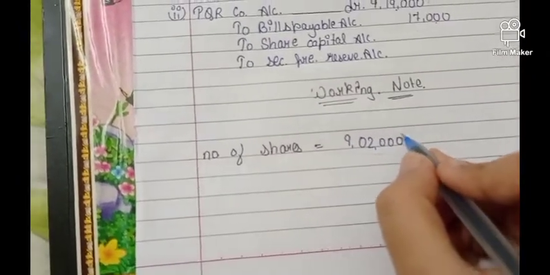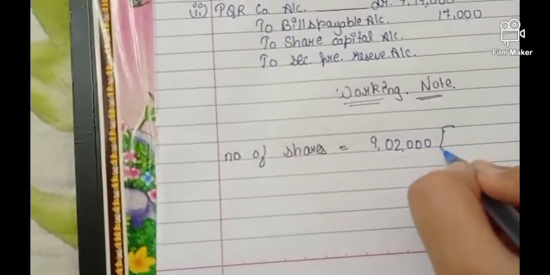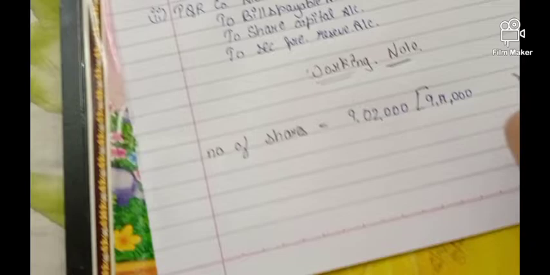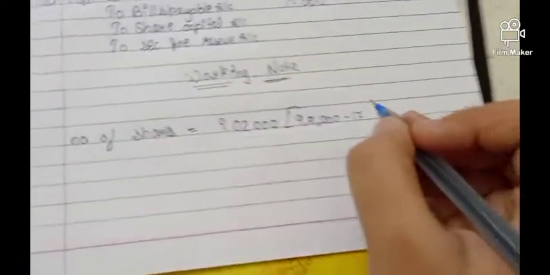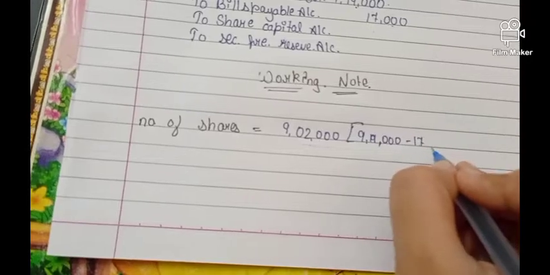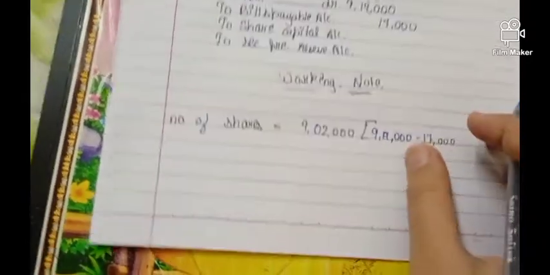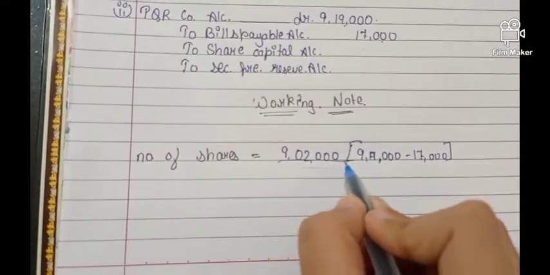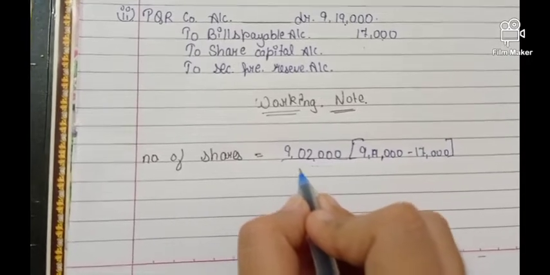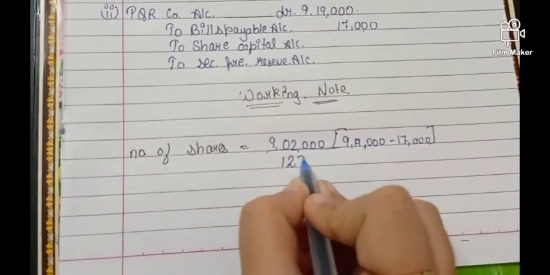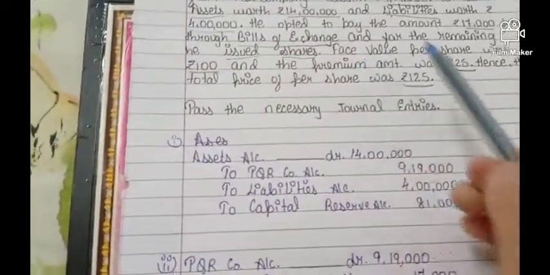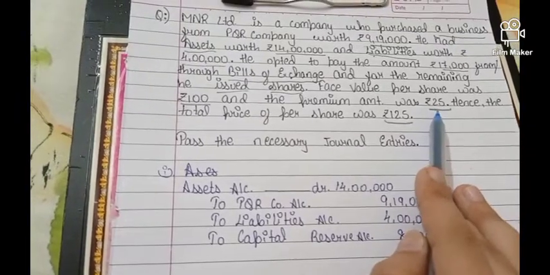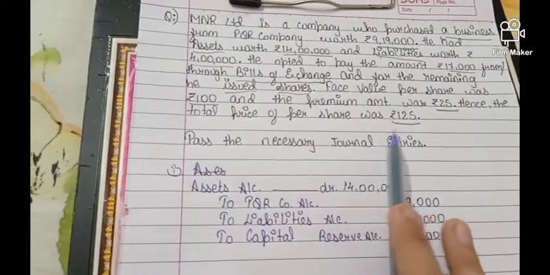Here you need to write in the bracket 9,19,000 minus 17,000, and we'll divide this whole amount by the total price per share. That is 100 rupees for face value and 25 rupees for premium amount, which will be a total price per share of 125 rupees.